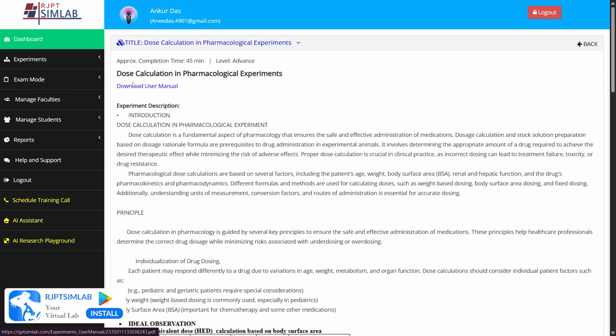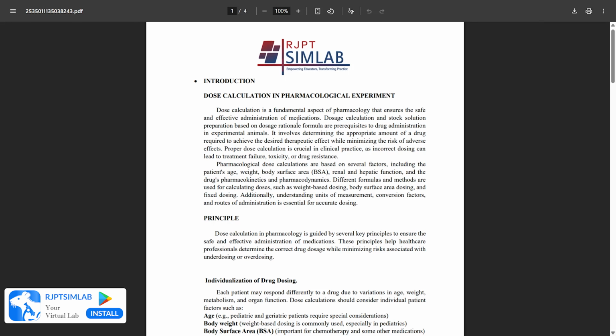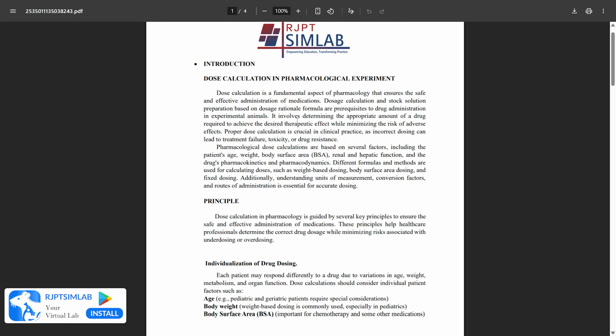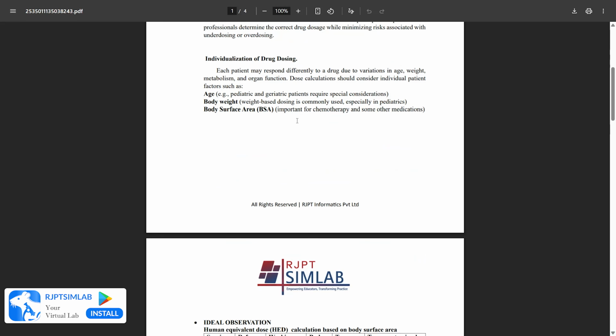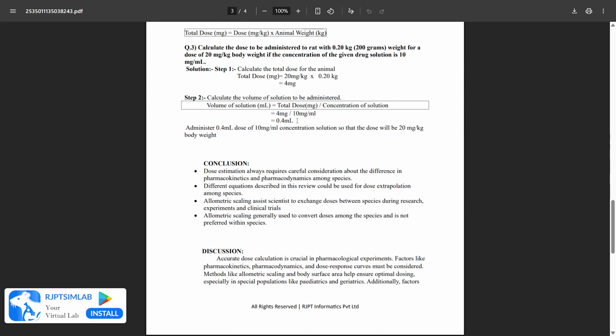Over here, we can see the download user manual. This is the user manual that our RJPT Simlab has provided for the students who do not have the subscription of RJPT Simlab, so they can study at least a brief introduction about the experiment. As we can see here, this is the experimental part in the written portion.